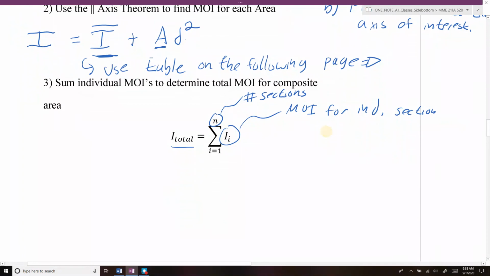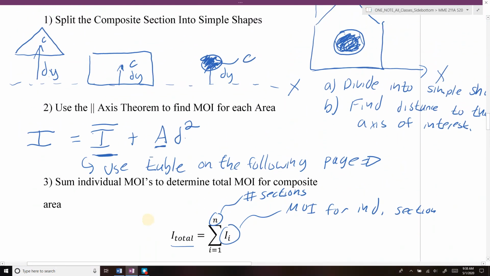Let's say that our triangle we define as section 1, our square as section 2, and our rectangle as section 3. We could calculate the moment of inertia about the x-axis for each of these.